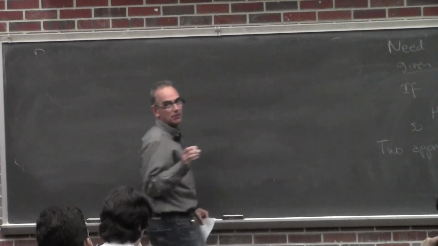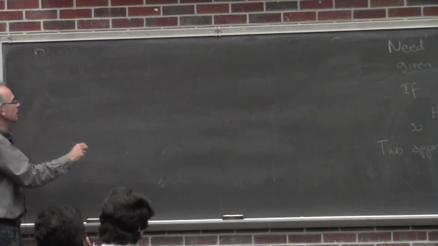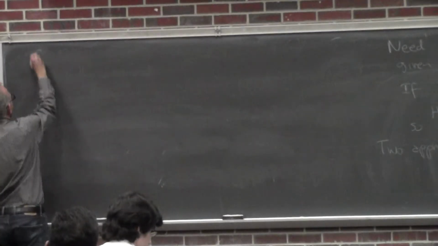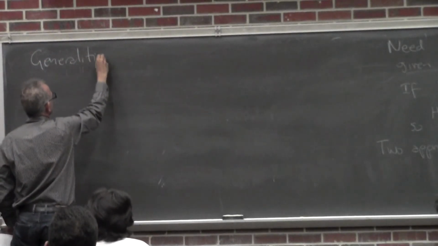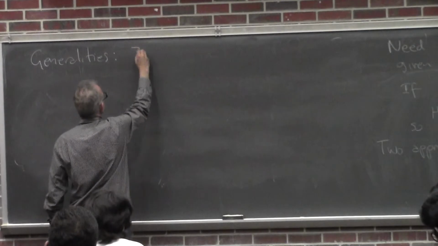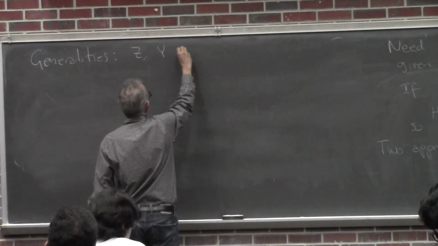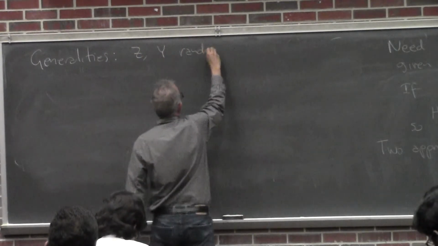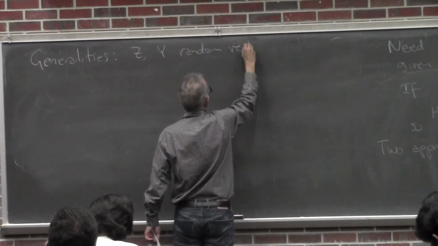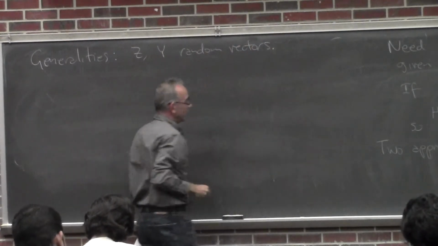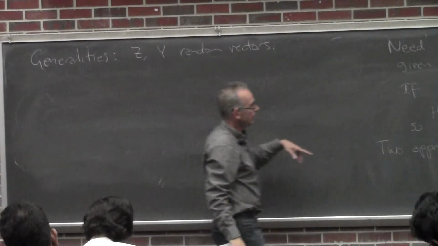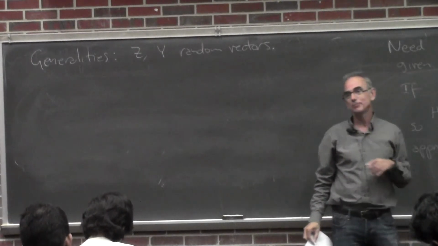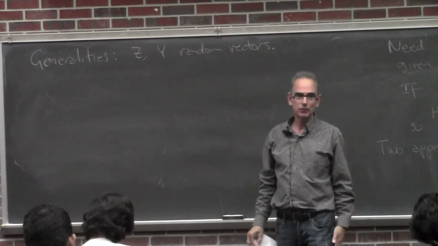There are too many t's around, so forget all this for a second. Let's look at generalities. Let's say z and y are random vectors, y is a string here, and z is some other vector.